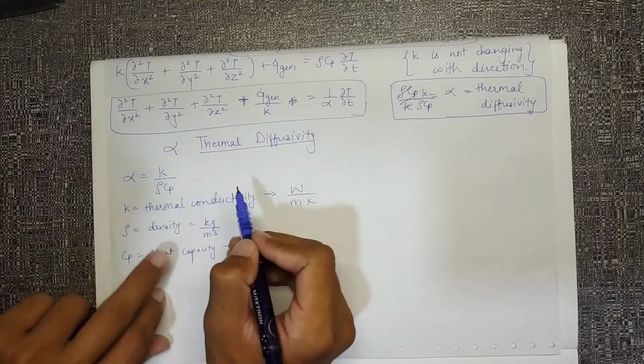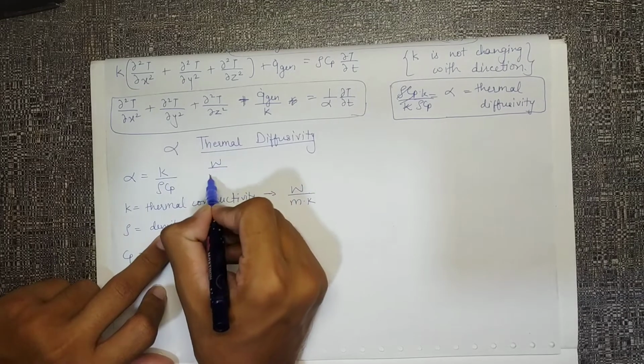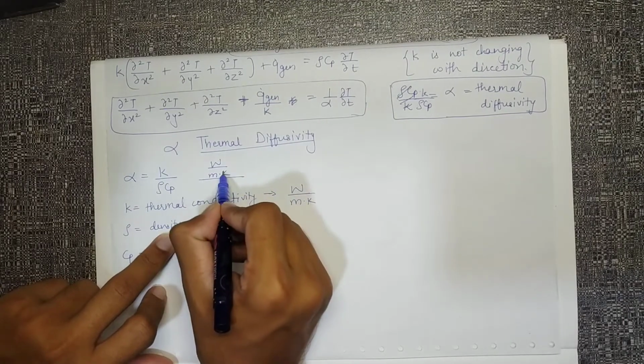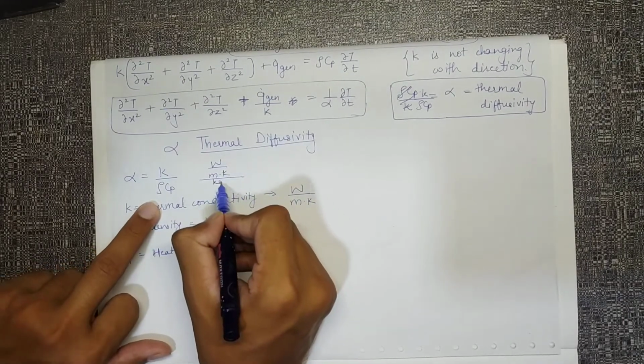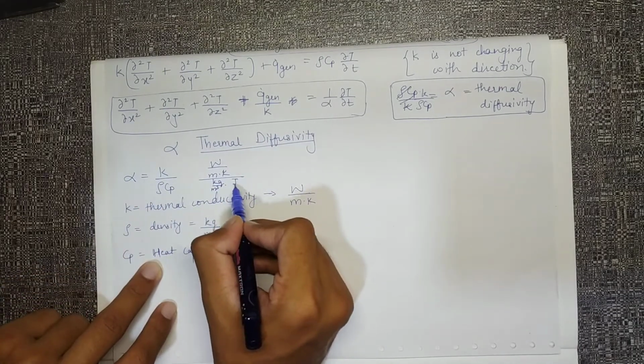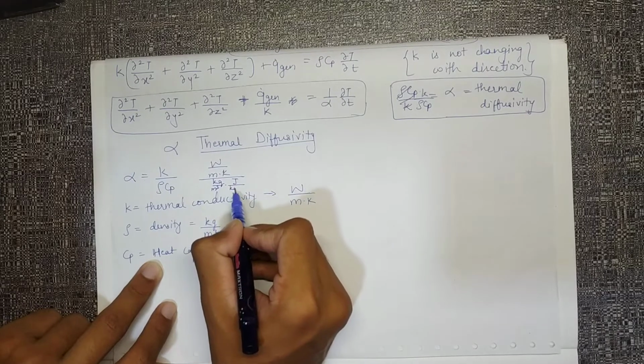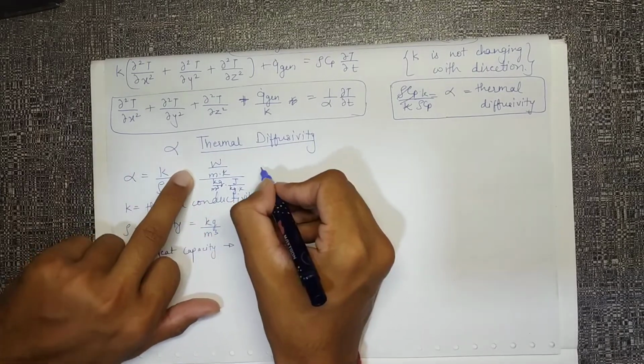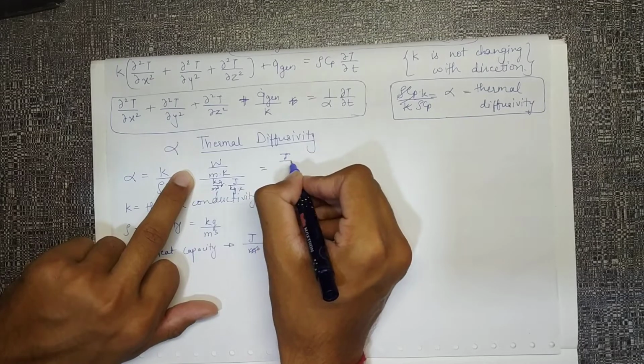So what we'll get is watts per meter Kelvin over rho, which is kg per meter cube, and heat capacity has joules per kg Kelvin. Okay, so the watt will be joules per second.